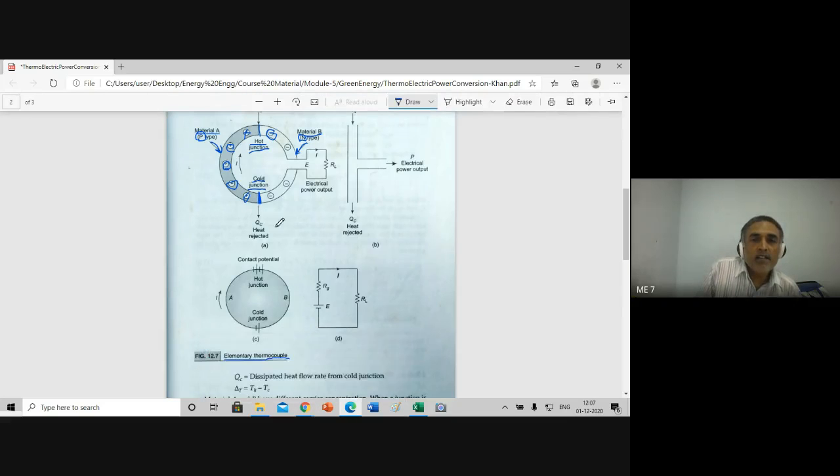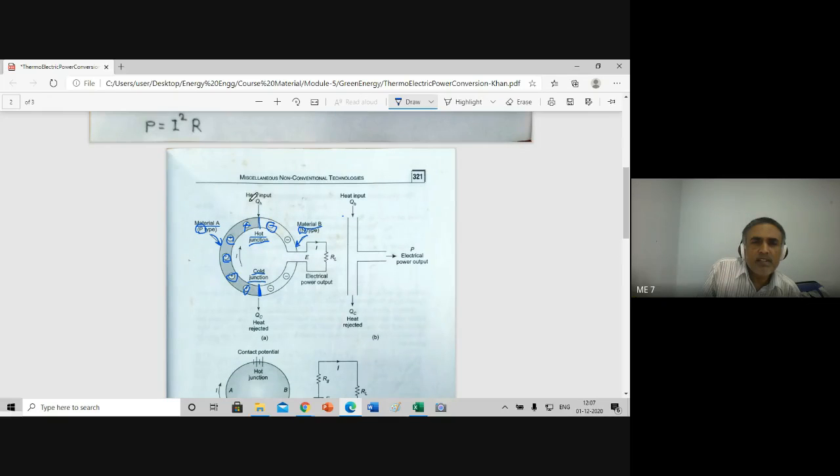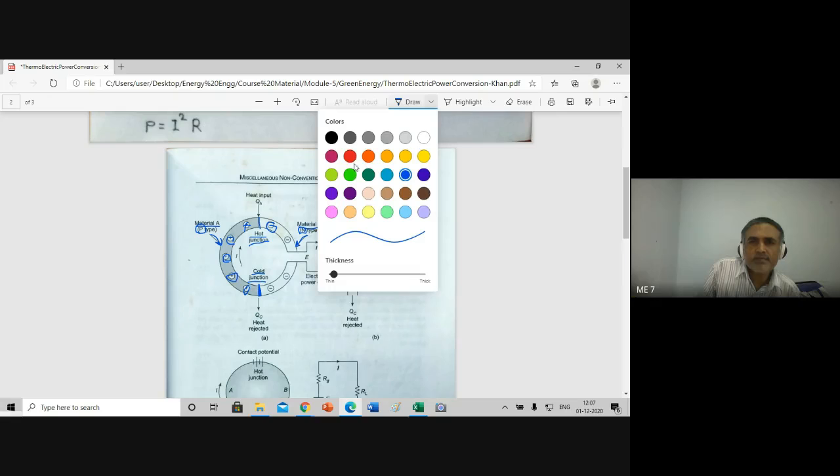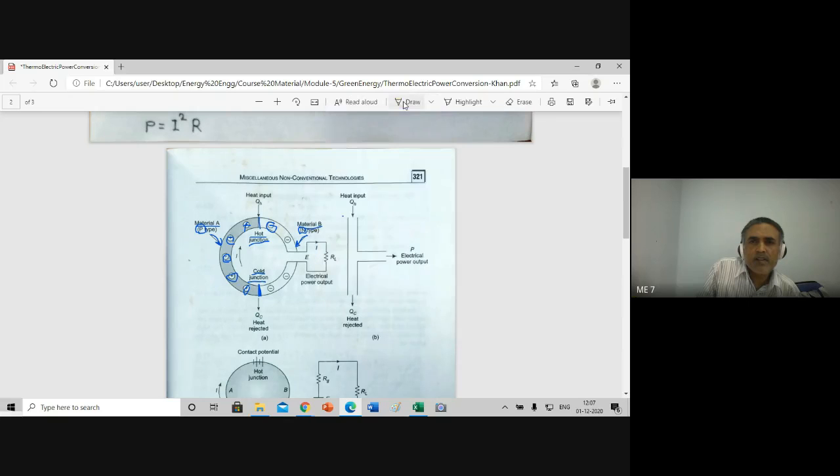Look at this. This side is heat input, whereas this side is heat rejected, that is cooling. H indicates hot junction, C indicates cold junction.